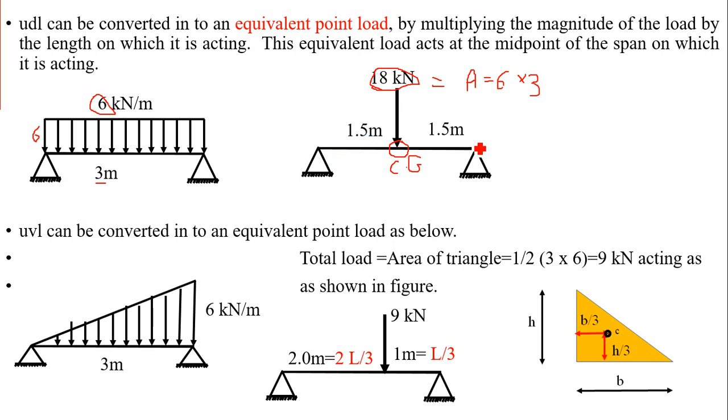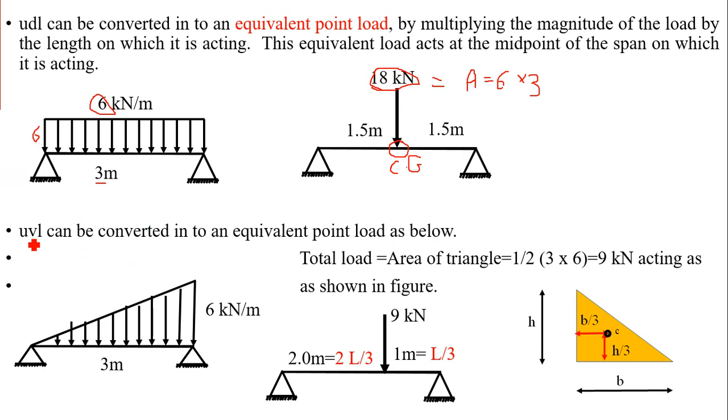So in this way also we can remember the conversion of UDL into an equivalent point load. For whatever UDL is given, first show the point load, then the magnitude of that point load is equal to the area of the rectangle, that is 6 multiplied by 3 here, and the location of this point load is at the CG, so 3 divided by 2, 1.5 meter, 1.5 meter.